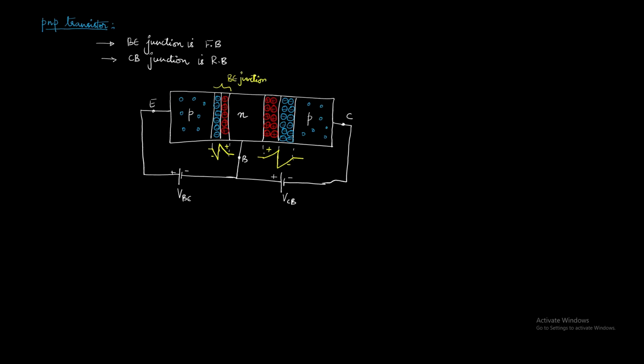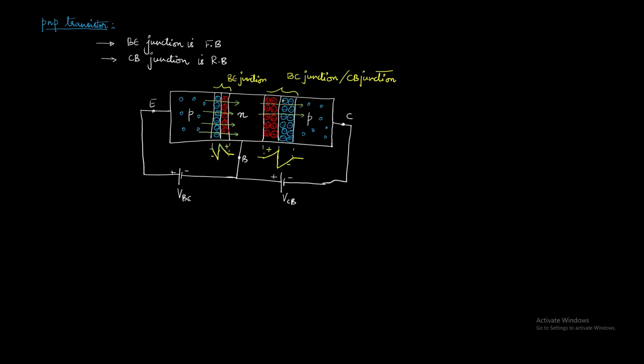So we can see the base emitter junction and base collector junction. Here holes are emitted from the p type emitter across the forward biased base emitter junction into the base.